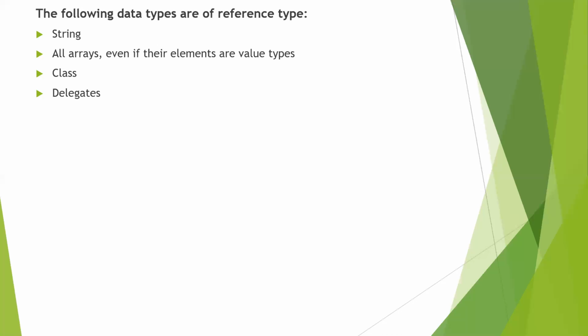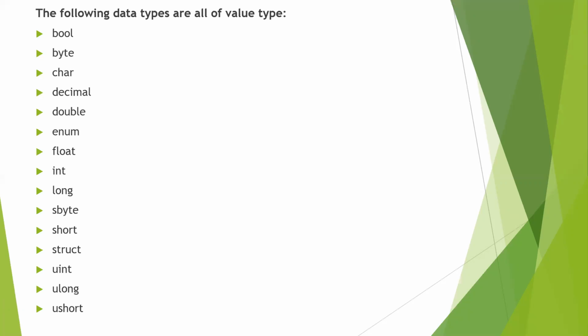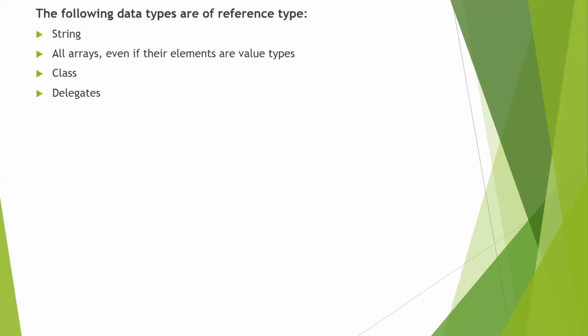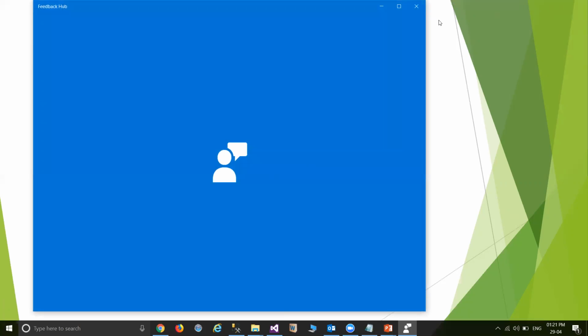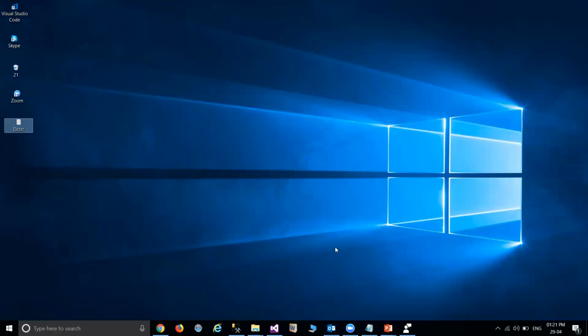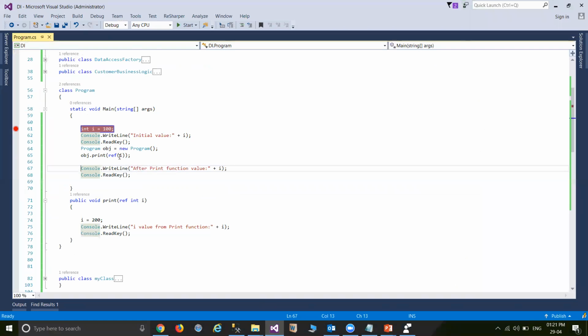Primitive data types and structures are value types, as I told you. Class, object, string, array, and delegates are reference types. A value type is passed ByVal by default, so there is no need to specify it. In the program we have seen, there is no need to specify it, because if I'm not using the ref keyword, it is by default ByVal.